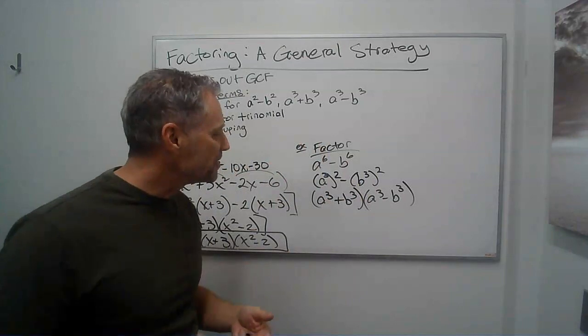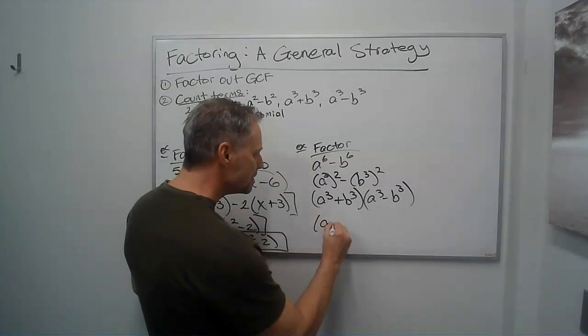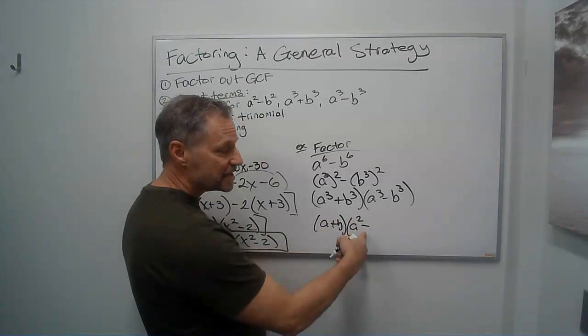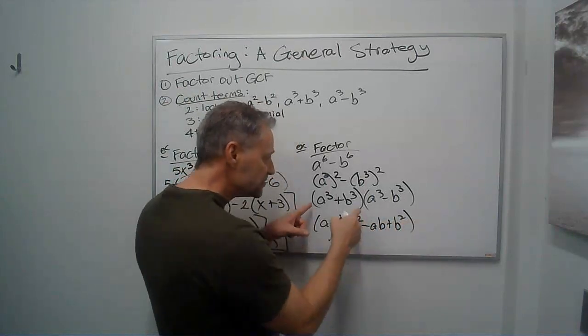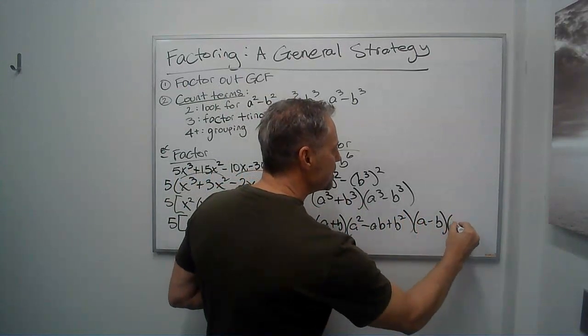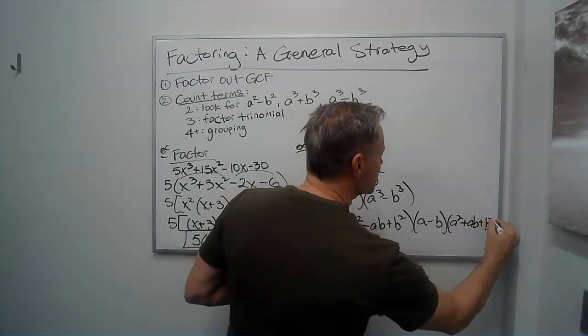That's two more formulas. I'm just going to go straight to the formula. Remember, it's a plus b, a squared, opposite sign, same sign, opposite sign, ab, plus b squared. That's this first piece. And this one factors into a minus b, and then a squared plus ab plus b squared.